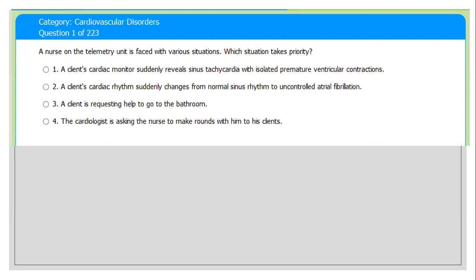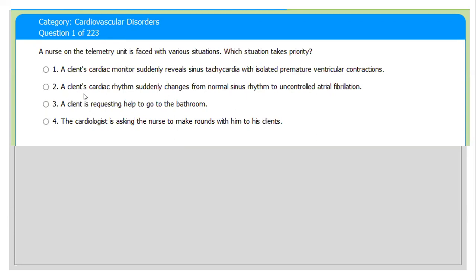Sinus tachycardia means a faster heartbeat, a fast but steady increase in the heart rate where the sinoatrial node sends electrical signals at a quick rate. Easy. Its origin is the sinus or SA node.